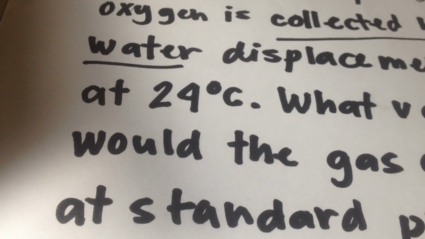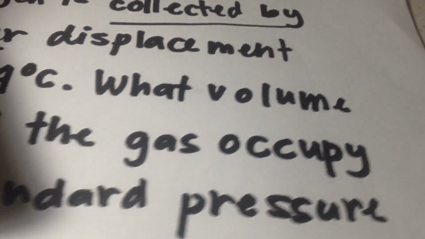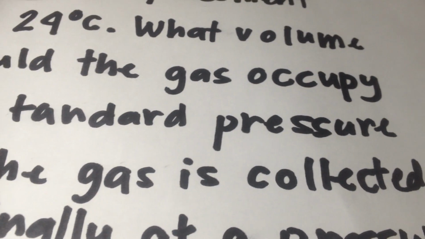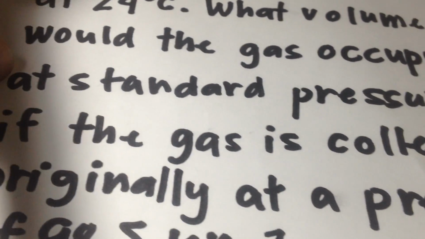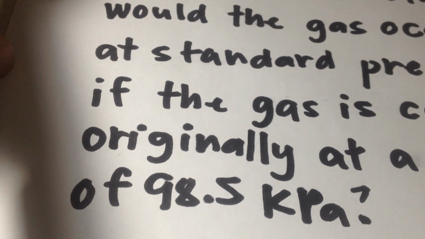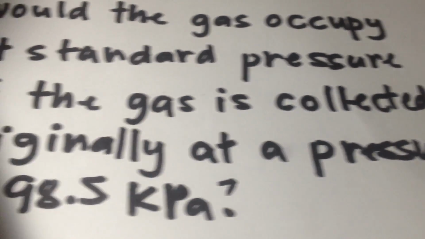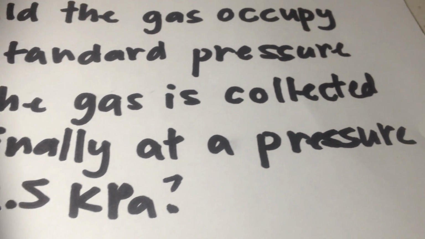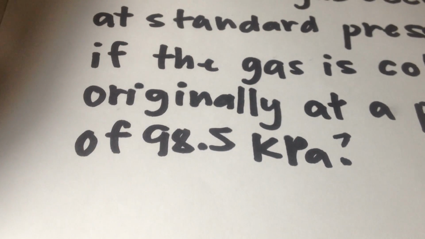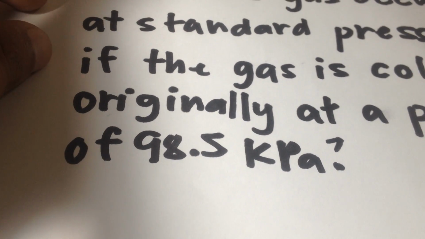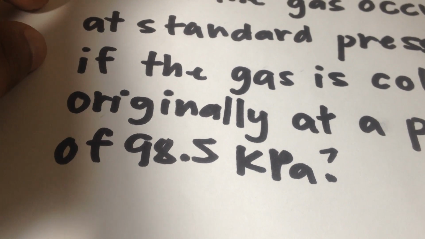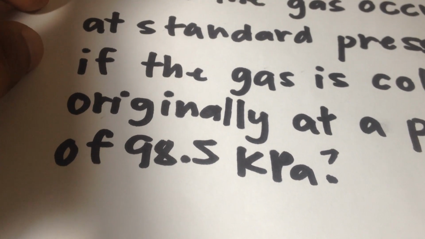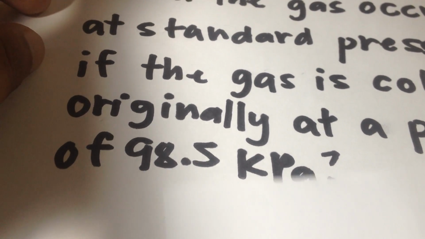What volume would the gas occupy at standard pressure if the gas is collected originally at a pressure of 98.5 kilopascal? So this problem is the combination of Dalton's law of partial pressure and Boyle's law.